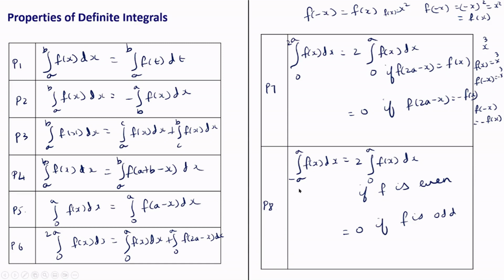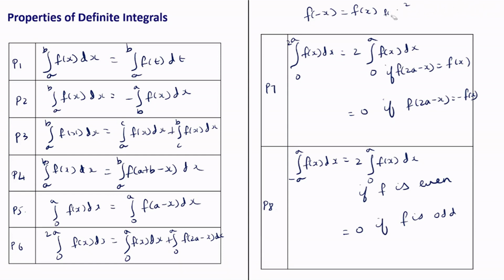So if we have an integral of this form, integral minus a to a f of x dx, it will be twice integral 0 to a f of x dx if f is even, and it will be equal to 0 if f is odd. So here these are the various properties of definite integral which will be very useful in solving the problems easily.